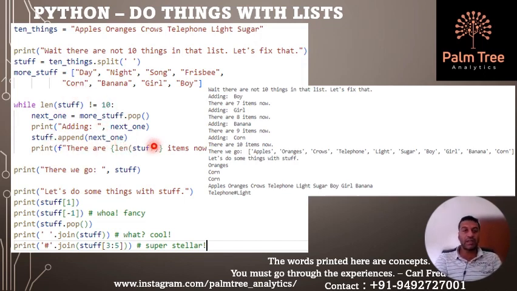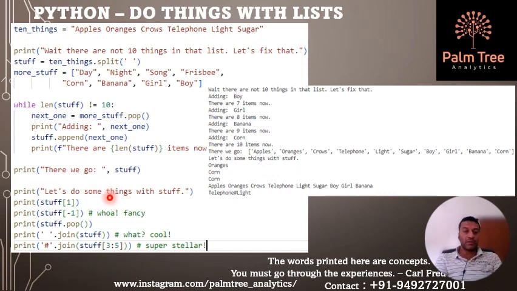So indirectly we are adding items to it from more stuff in reverse order by using the pop function. Totally, the stuff list now has 10 items.